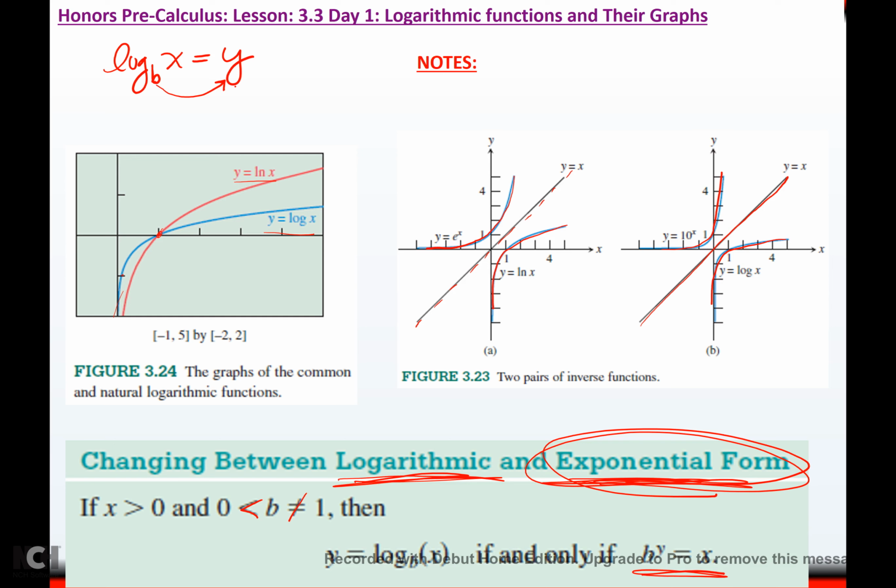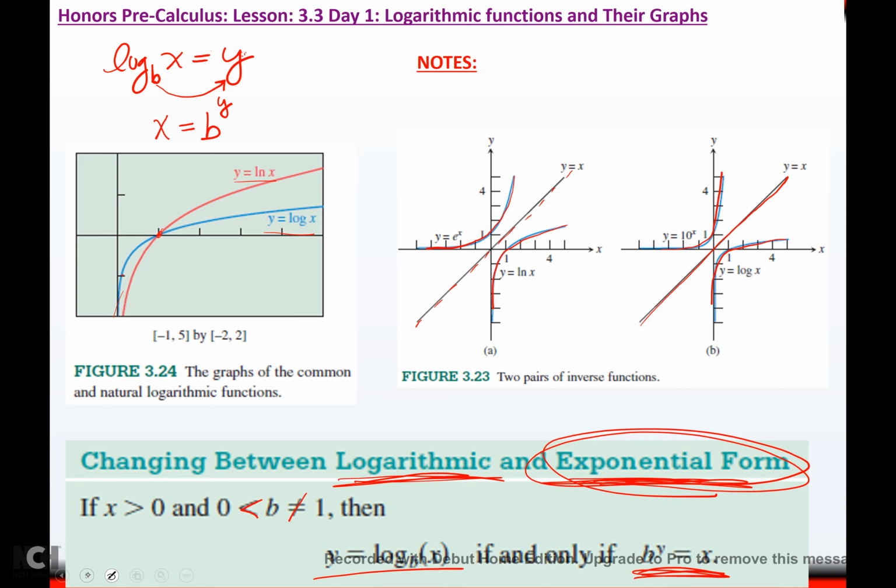When the log rolls away, all the bugs run away to the other side and the bug becomes the base, and this becomes the exponent. So x drops, and that will equal my b, my bug, my base, to the y. That's how you translate back and forth.